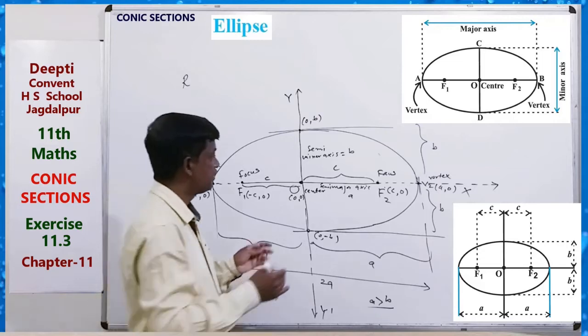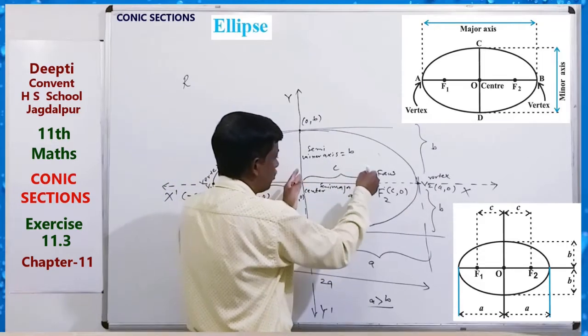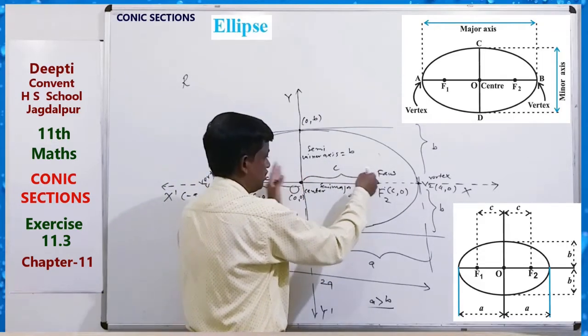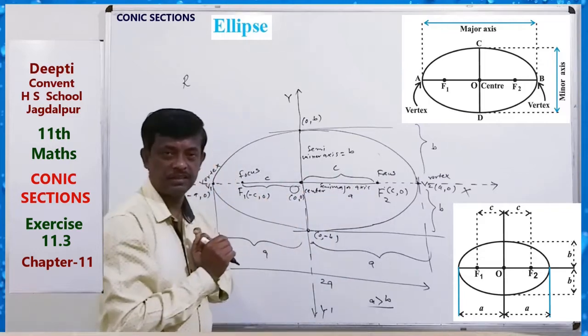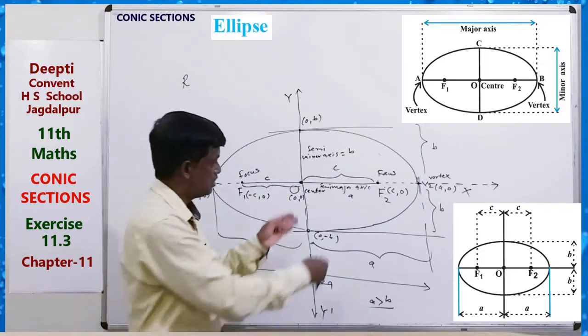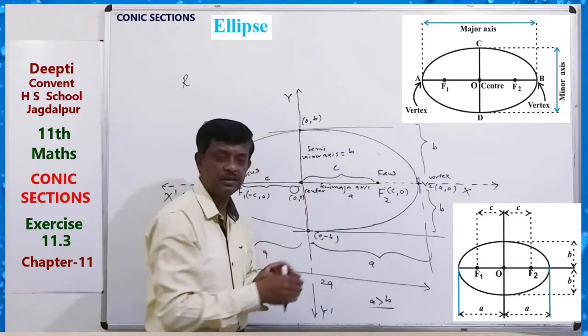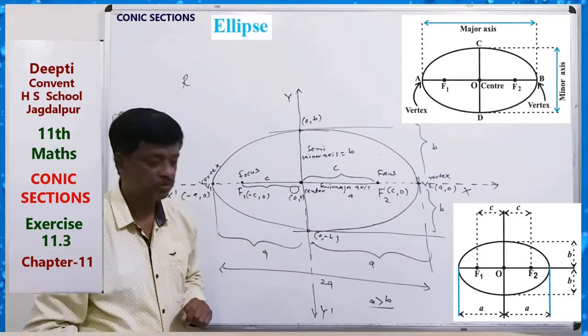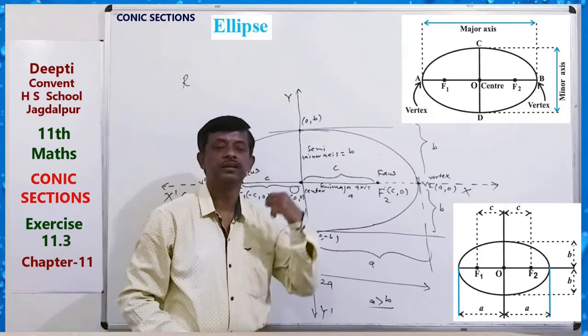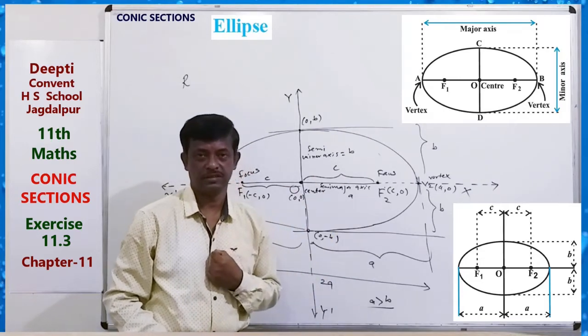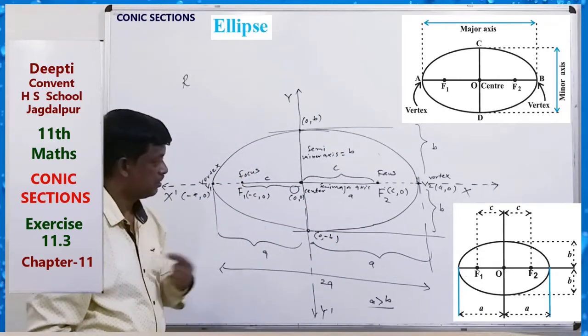Eccentricity is the ratio of the distance of one of the foci from the center to the semi-major axis.